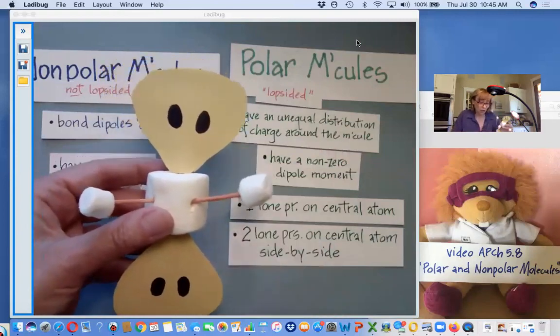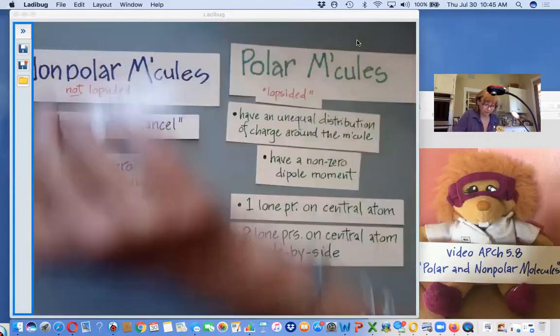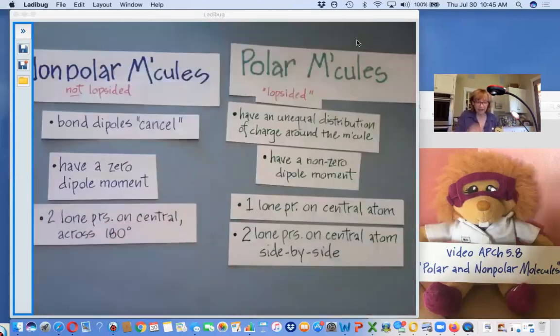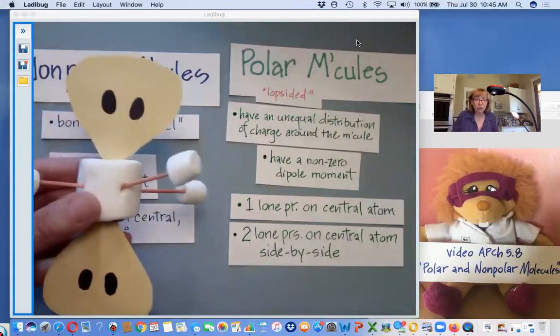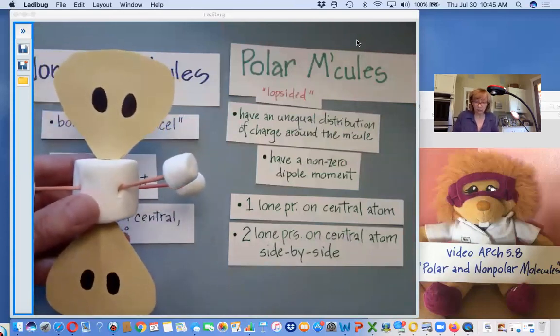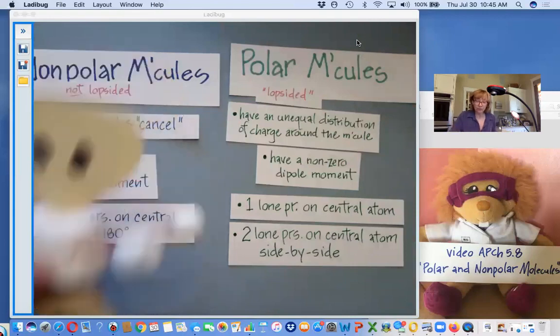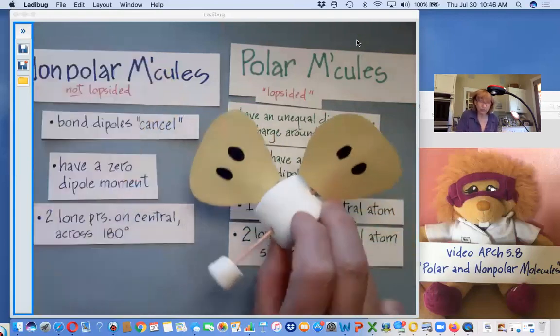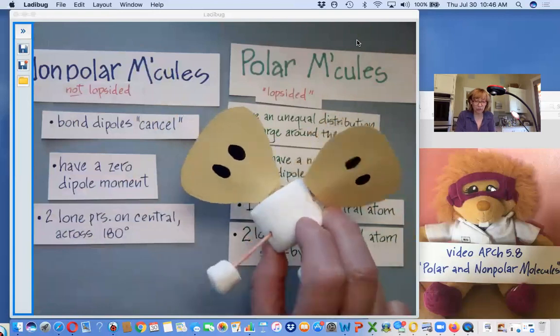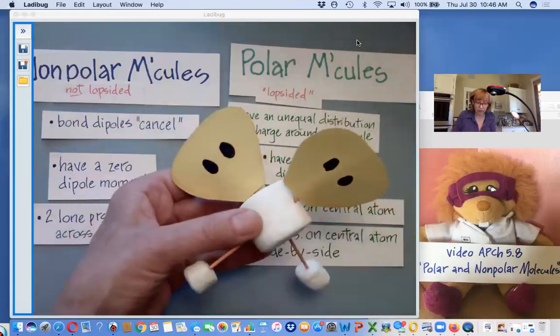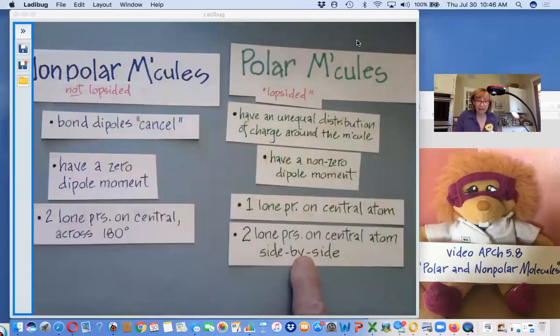They are across from each other. So that's a case of 2 lone pairs on the central, and the 2 lone pairs do cancel out. This is a case of 2 lone pairs on the central, but the lone pairs are side by side, and they don't cancel out.